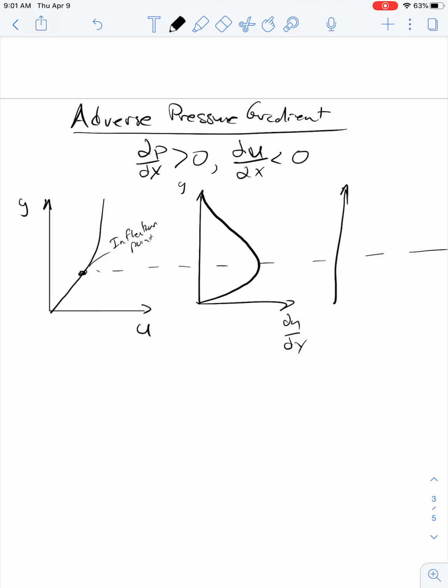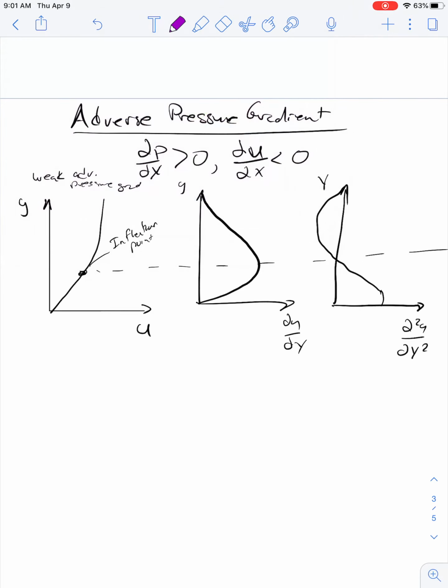It's going to look something like this for that. And then if we look at the second derivative, d²u/dy², as a function of y, at the surface we're going to have a positive gradient, and then it's going to go to 0, and then back again. This is because we have this inflection point in the velocity profile, and we'll say this so far is a weak adverse pressure gradient.